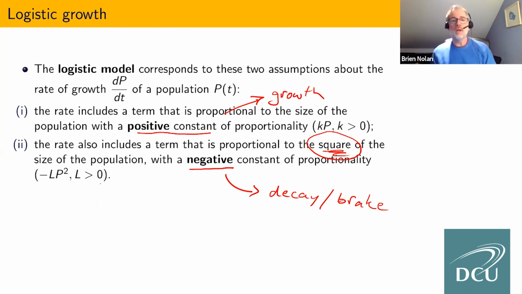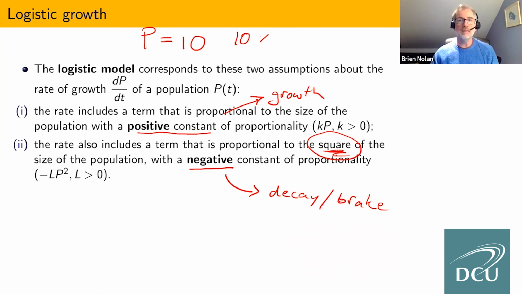But also, the square of the population size P. Well, let's imagine P equals 10. Let's say we have 10 people in a population, and let's imagine that they're fighting over resources or competing for resources. The amount of competition we can think of as depending on the number of interactions that we could have.